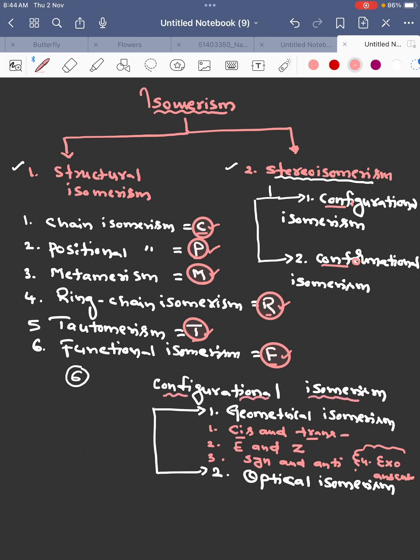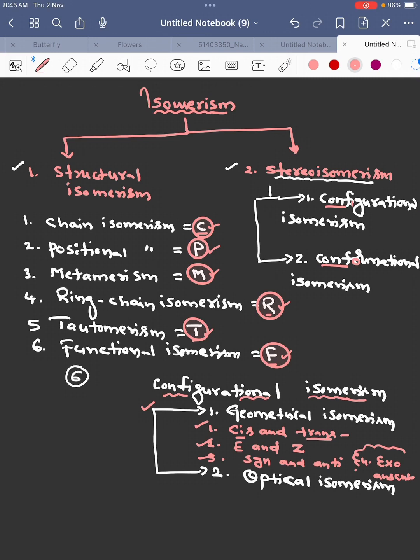So, my dear students, configurational isomerism again has two types. One is called geometrical isomerism. Under geometrical isomerism, we have cis and trans isomers, E and Z system of nomenclature, syn and anti, and exo and endo. Cis means similar atoms or groups are present on the same side of the double bond. Trans means similar atoms are present on the opposite side of the double bond carbon.